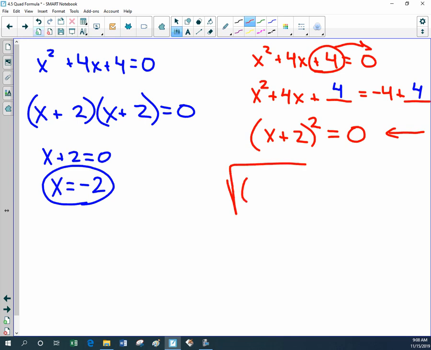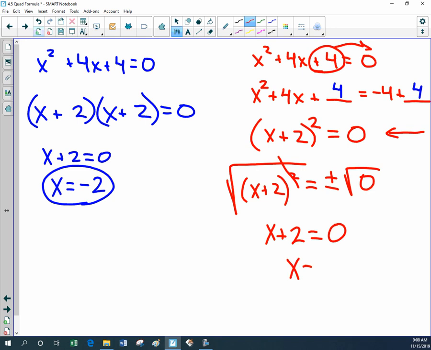So it'd be the square root of x plus 2 quantity squared equals plus or minus the square root of 0. So we'd get x plus 2 equals 0. Subtract the 2, and we get x equals -2. So we solved it, and we got x equals -2. We factored it, we got -2. We completed the square, we got -2. The last thing we have left is to solve it by quadratic formula.